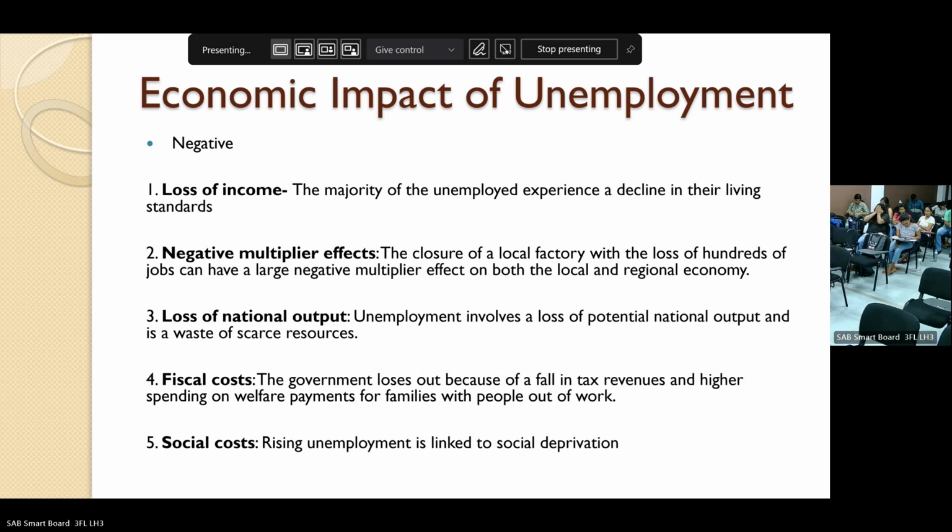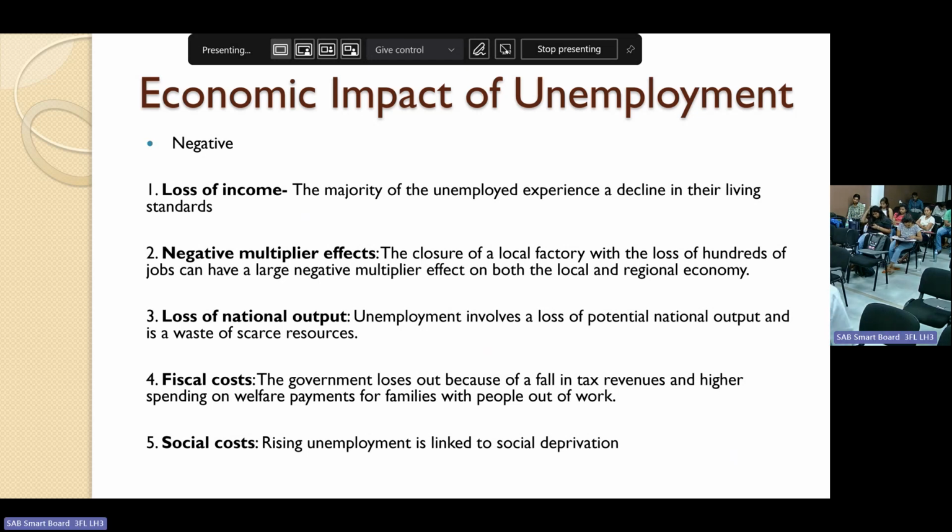And there will be a loss of national output because of high unemployment. That indicates a waste of resources.